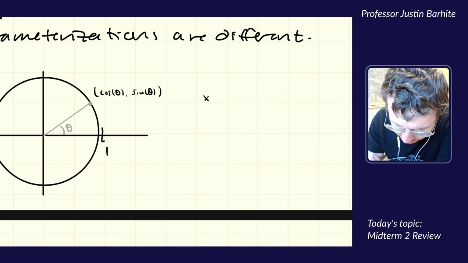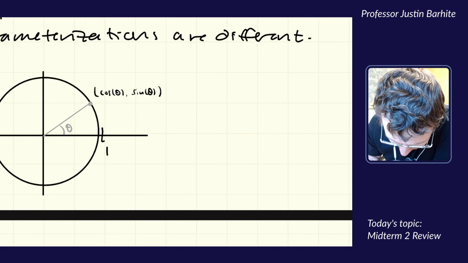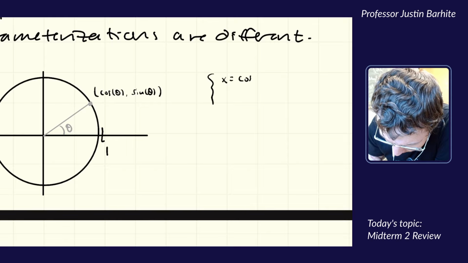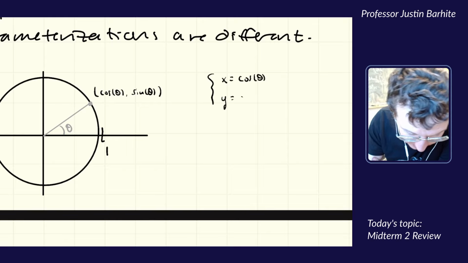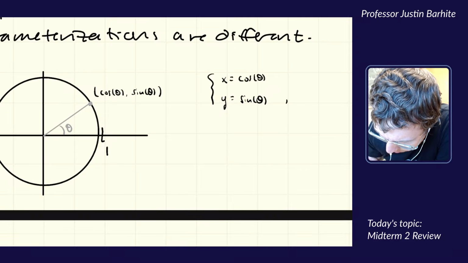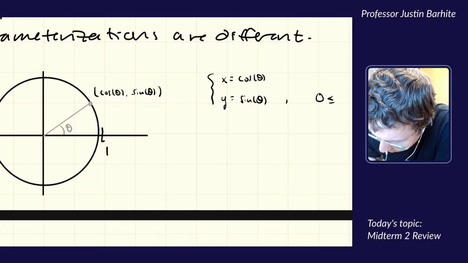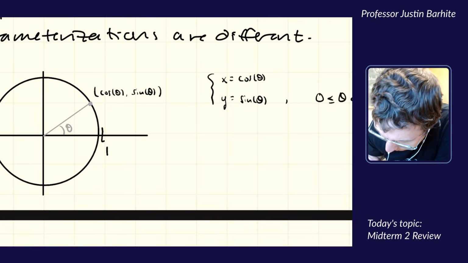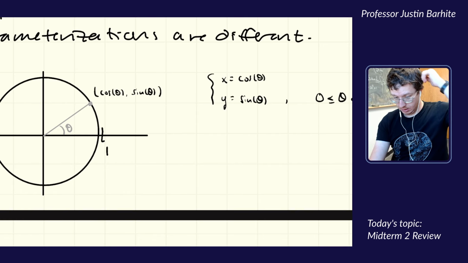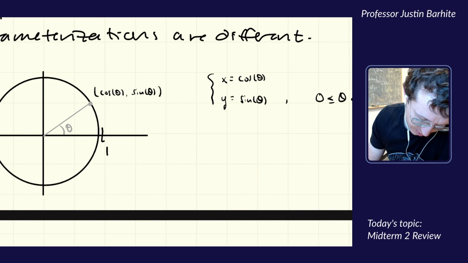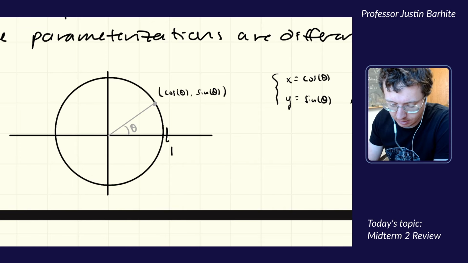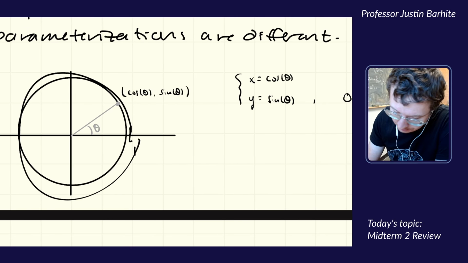So I guess my parameterization is x equals cosine theta, and y equals sine theta, and theta ranges between, let's say, 0 and 2 pi. So this parameterization goes around the unit circle once at constant speed in the counterclockwise direction.